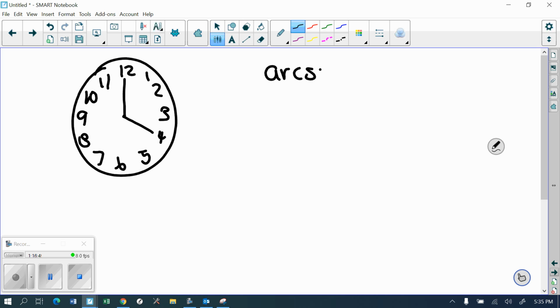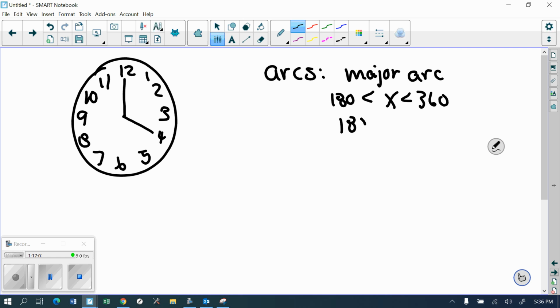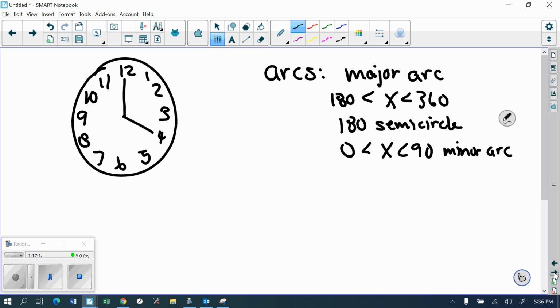A major arc, this is vocab, major arc is greater than 180 and less than 360. Obviously, 180 degrees itself is called a semicircle. And if it's a minor arc, it's between 0 and 180. Minor arc. So you got to know this vocab because it could say it's 4 o'clock.